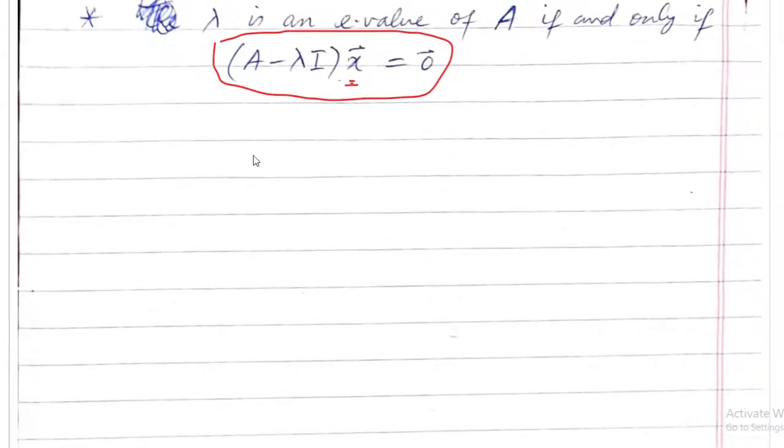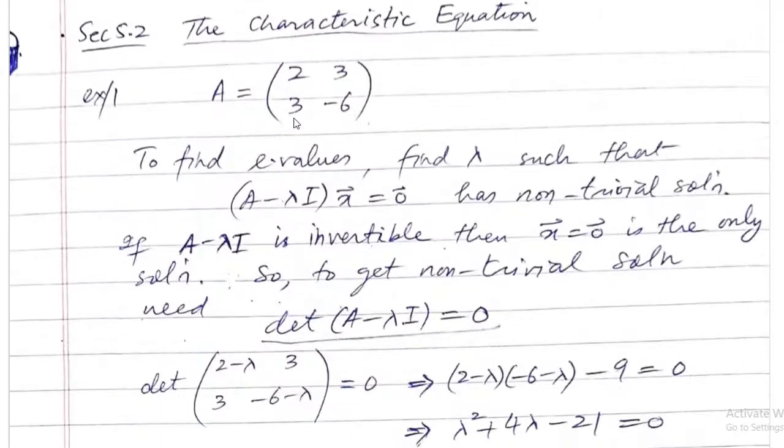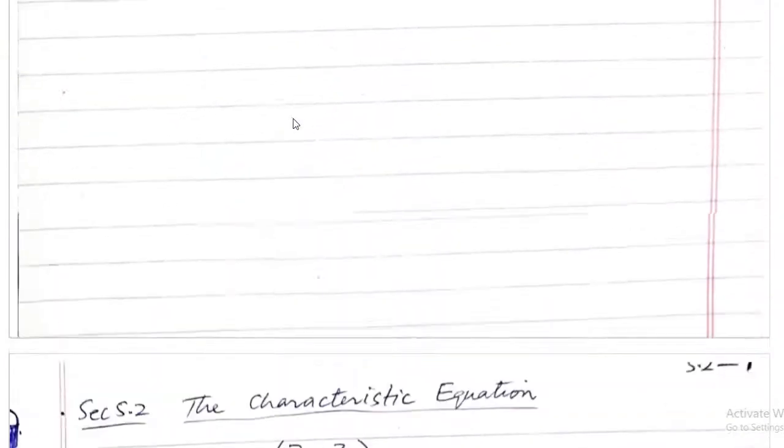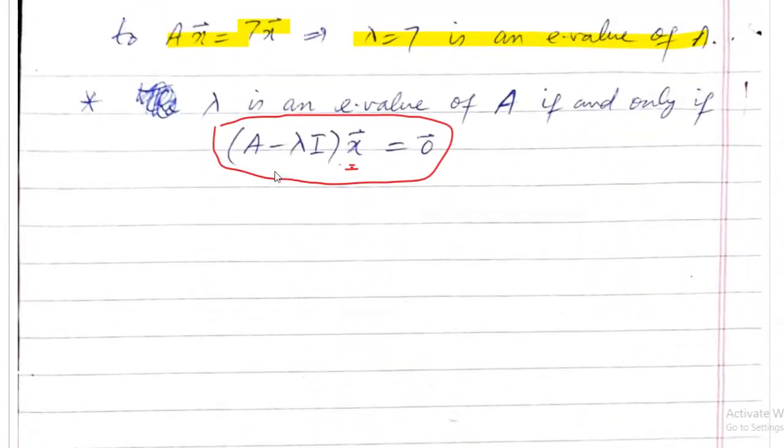You remember, if A minus lambda I, let's call it B, has an inverse, then your x is equal to (A minus lambda I) inverse times 0, right? This is what we do.